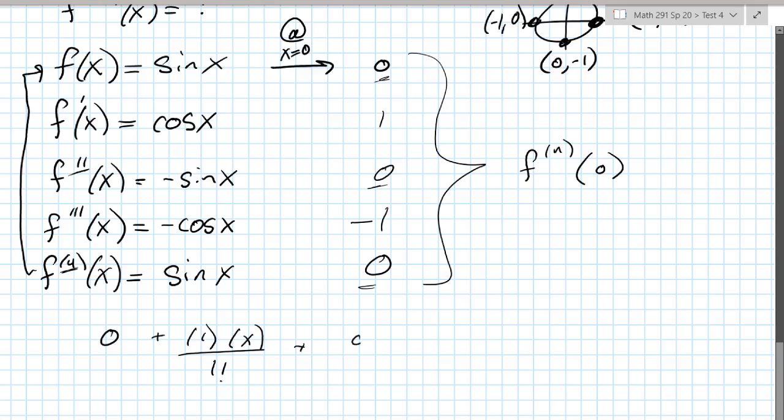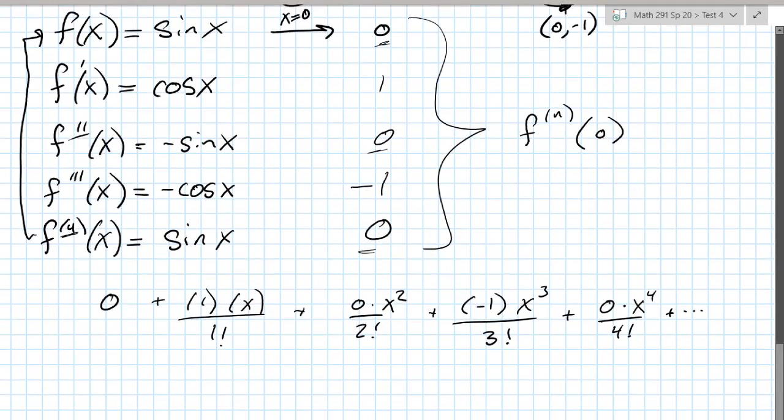Plus 0 times x squared over 2 factorial, plus negative 1 x cubed over 3 factorial, plus 0 times x to the 4th over 4 factorial, and so on. Okay, so this is our expansion, and I want to write this in summation form.